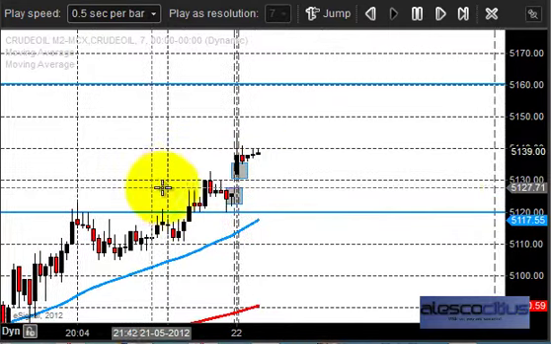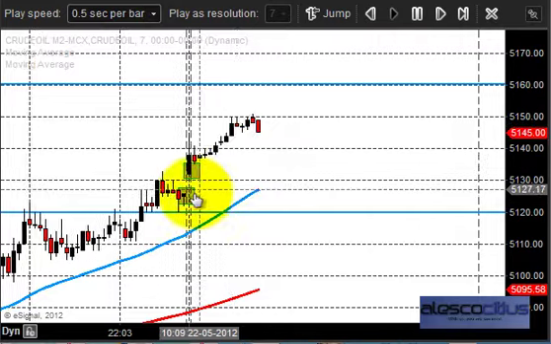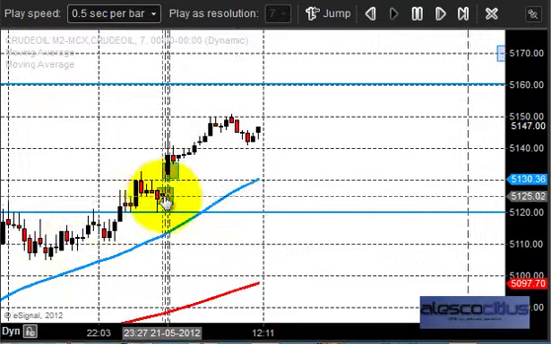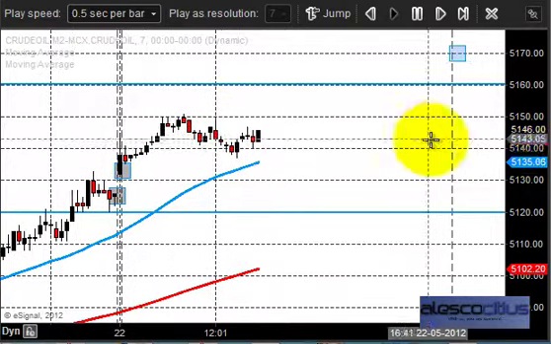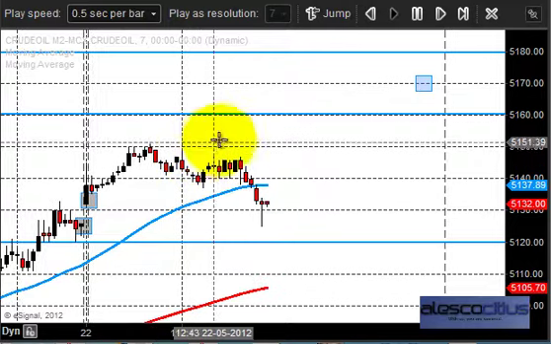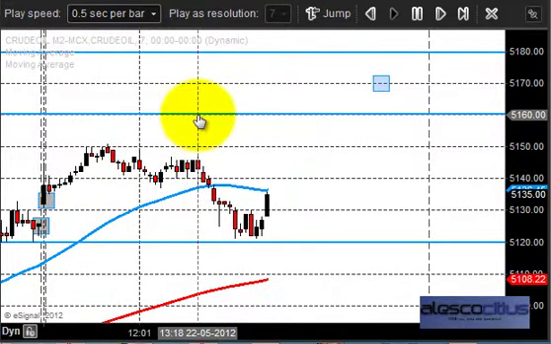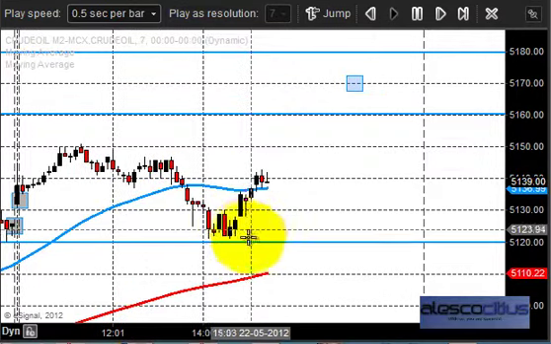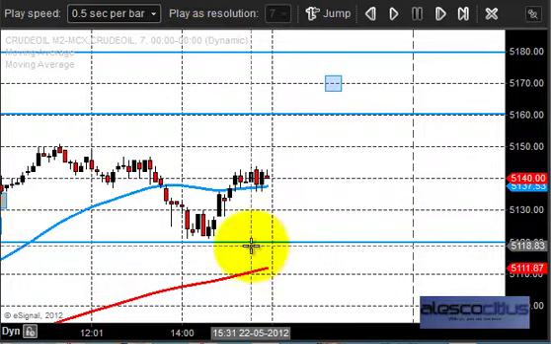After the opening, you can notice that the market gained some momentum, a continuation of what happened on the previous day. The market then consolidated because it was taking resistance around 5160, and since it couldn't break 5160, there was a drop and it came down and tested the zone of 5120.